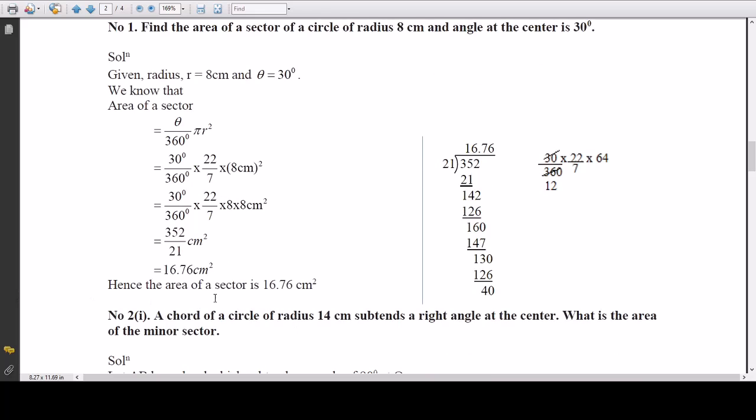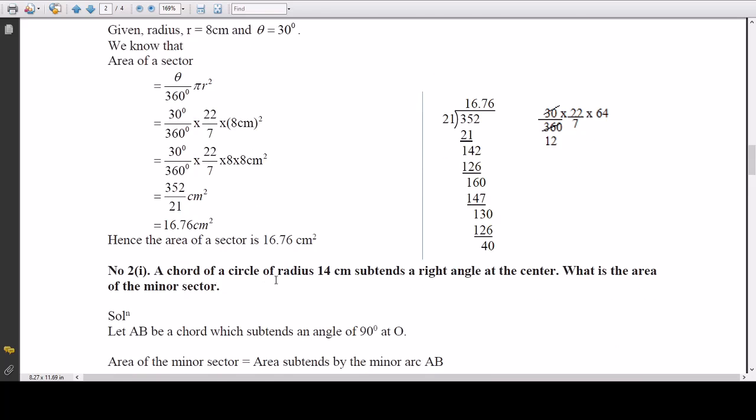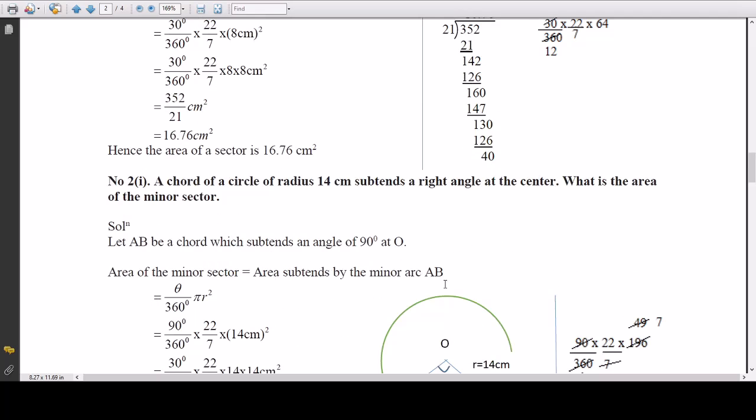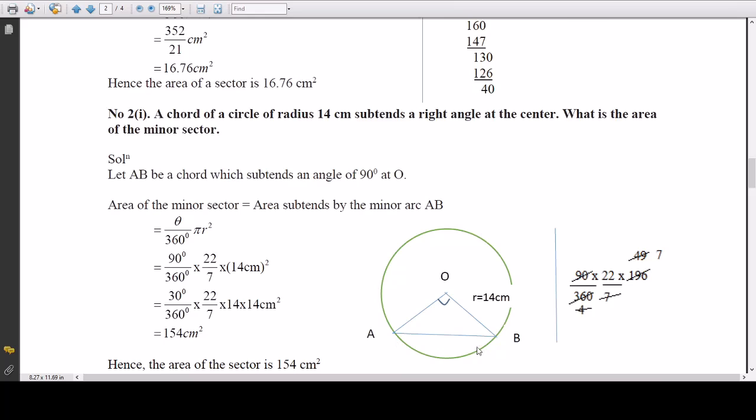The next: a chord of a circle of radius 14 cm subtends a right angle at the center. What will be the area of the minor sector? The minor sector is the area made by the minor arc at the center. Now look at this circle I've drawn for you.